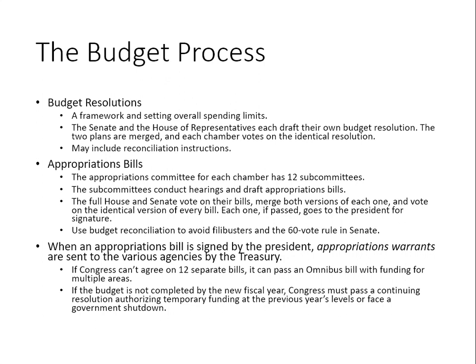So if budget reconciliation is used, right, the Senate can apply the simple majority rule. So if more than 50% of the senators say yes, then the bill will be passed. Budget reconciliation cannot be applied to all bills.